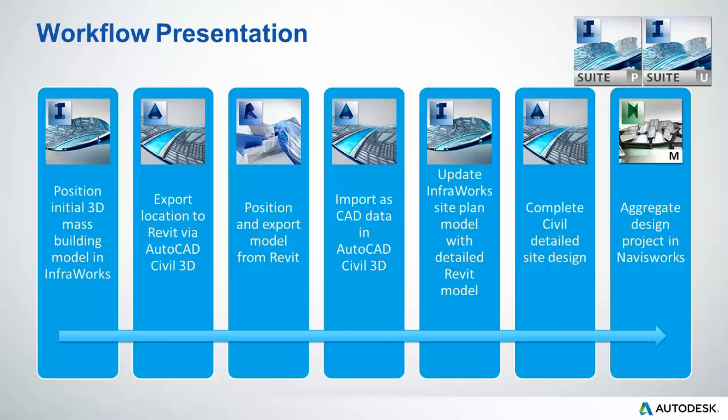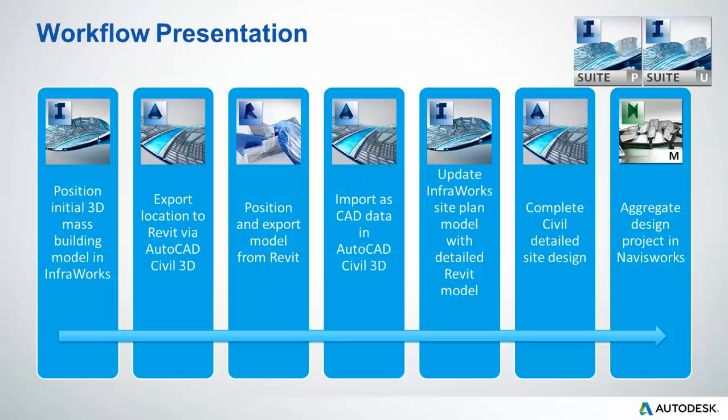The workflow I'm about to give comes from an initial plan of a site with a supermarket where we've started the model in InfraWorks. We then want to take this data and pass that through to Revit so they can build out the detailed design of the supermarket. Want to collaborate the data back to AutoCAD Civil 3D to start working up the detailed civil engineering site proposal.